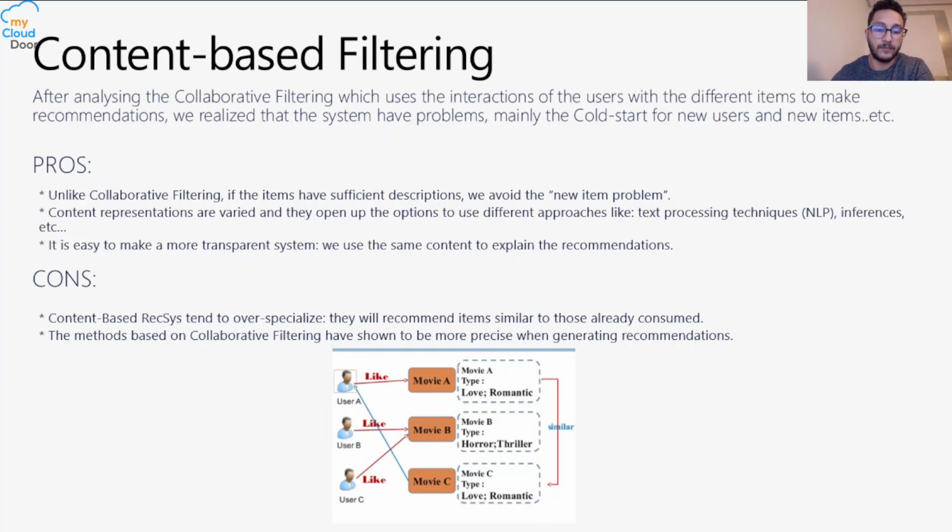So let's say you like books, the system will always recommend you books, so you will stay in a bubble. There is not much expansion in that field, unlike the collaborative filtering system. Methods based on collaborative filtering have also shown to be more precise when generating recommendations. As we said in the pros of collaborative filtering, it's more accurate.